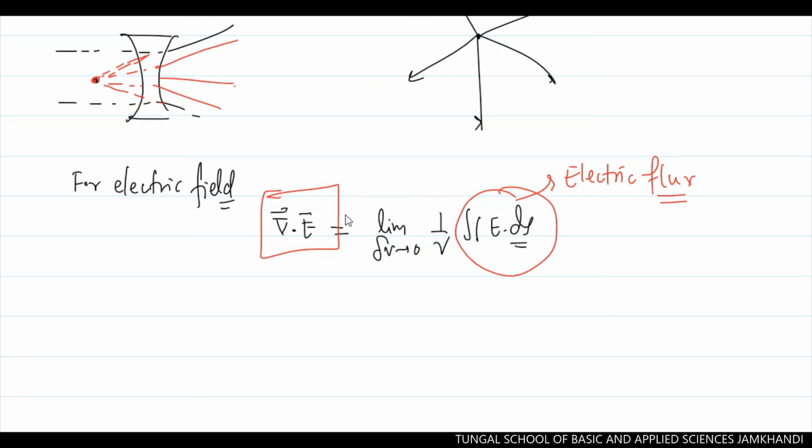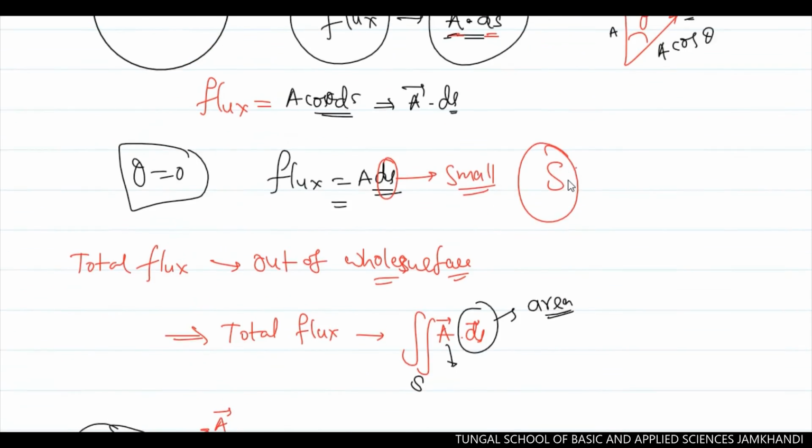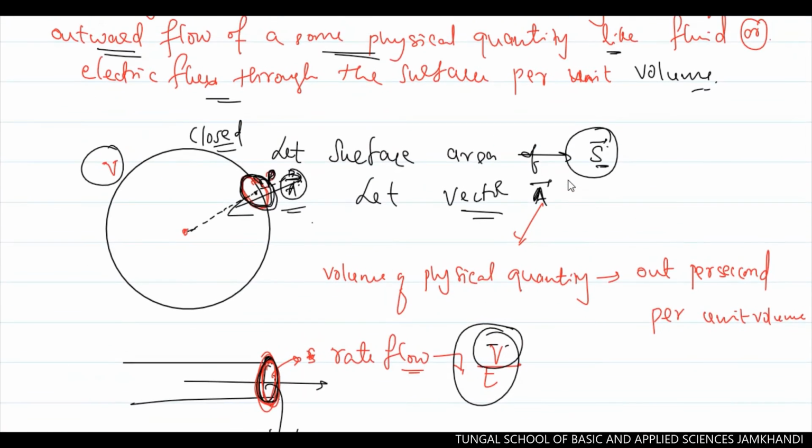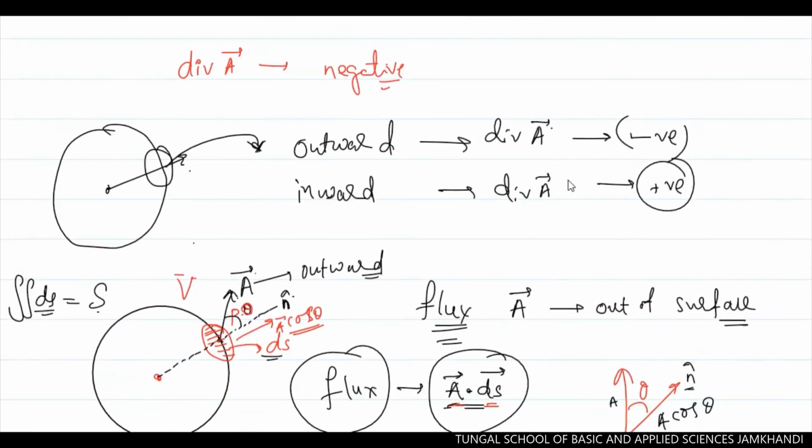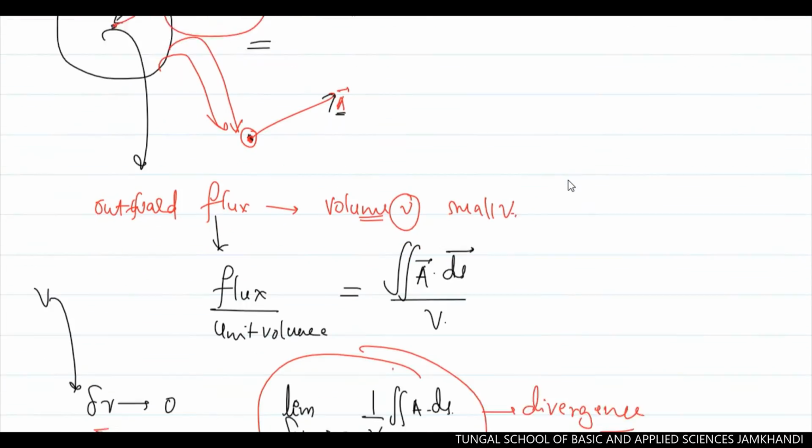Similarly, we are going to use the same physical interpretation of divergence in the case of Maxwell equations that we will discuss in the next class. The main concept is that a vector quantity coming out of any surface or closed volume can be defined mathematically using the divergence or del operator.